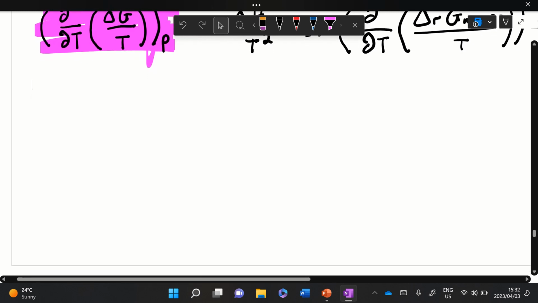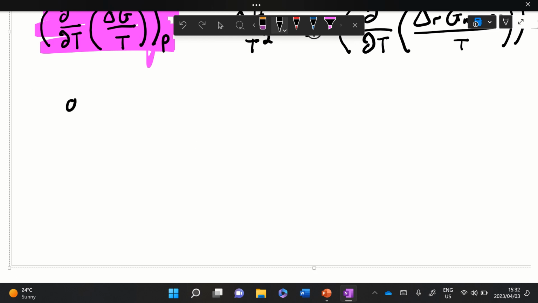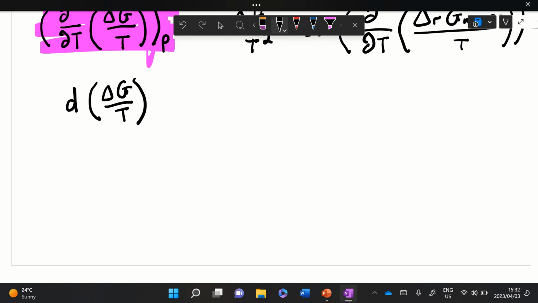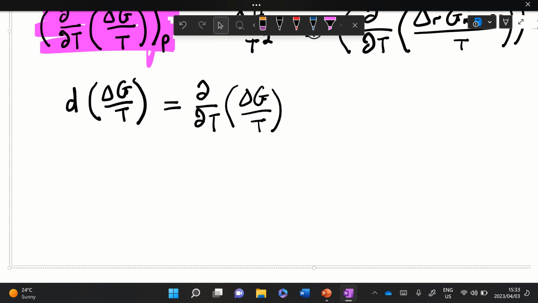If we take d of delta G over T, that gives us the partial derivative with respect to T of delta G over T, which is still fine, but then also dT.